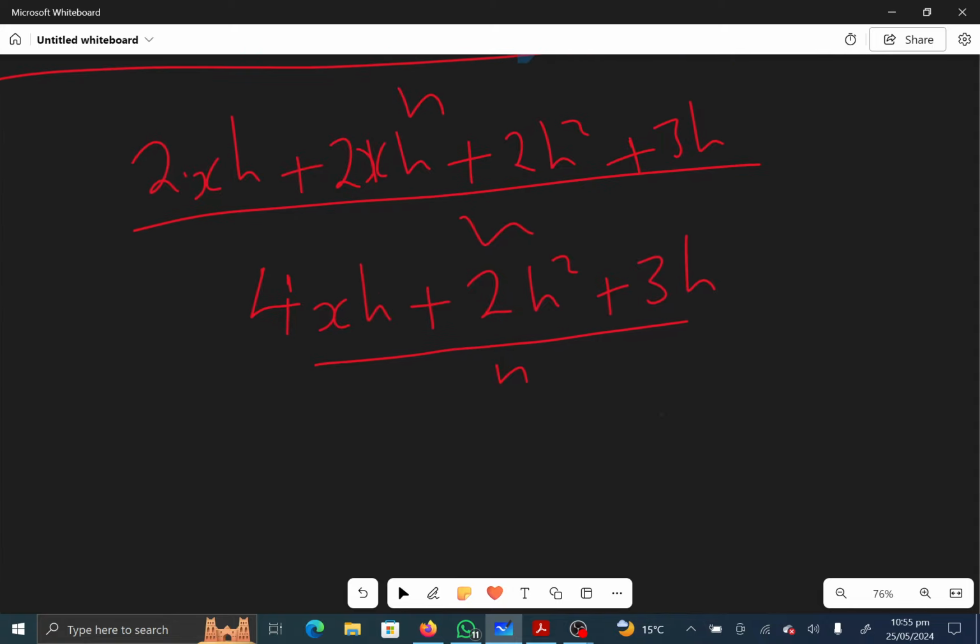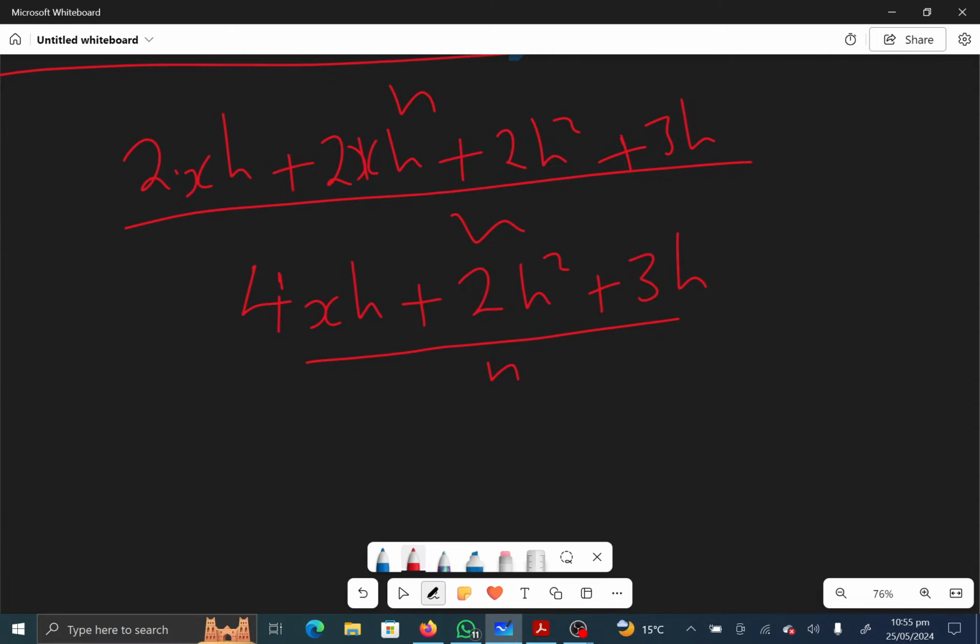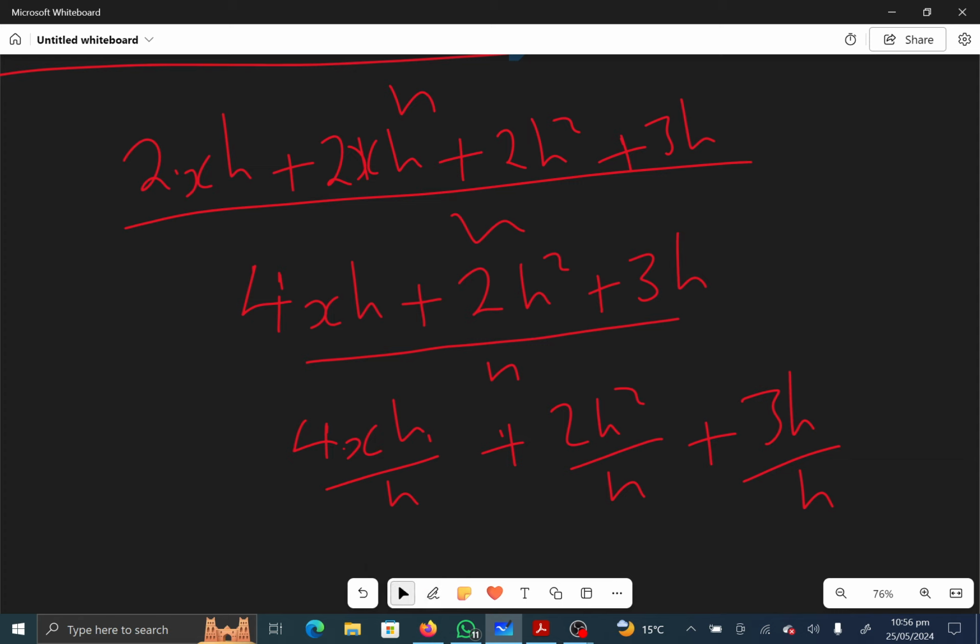So we can now simplify further. So this equation can be written as 4xh over h plus 2h squared over h plus 3h over h. So this equation is the same as this one.